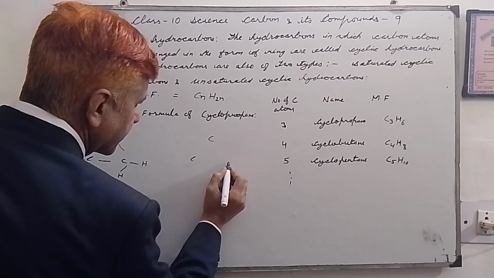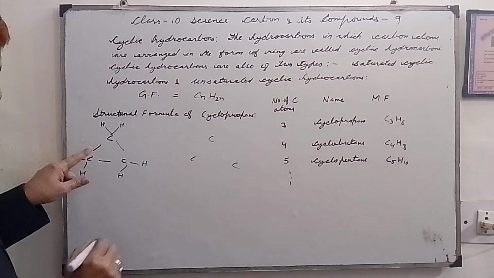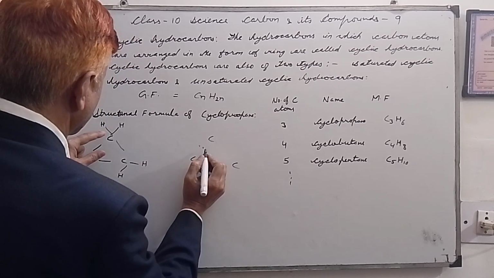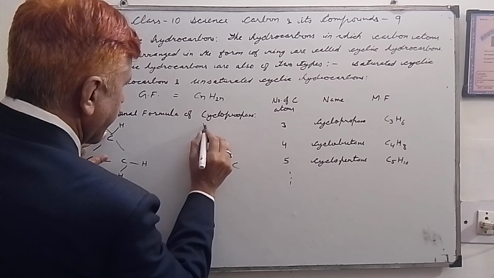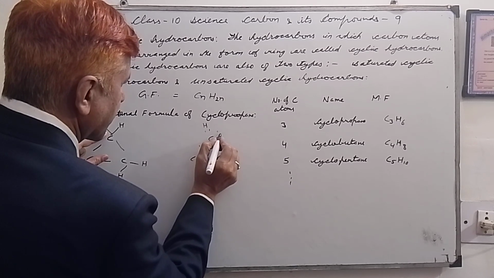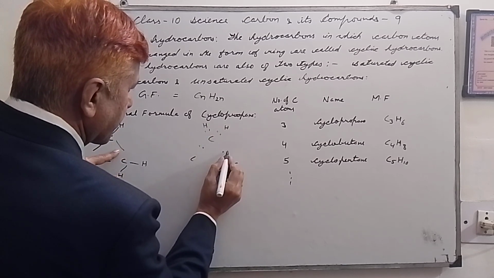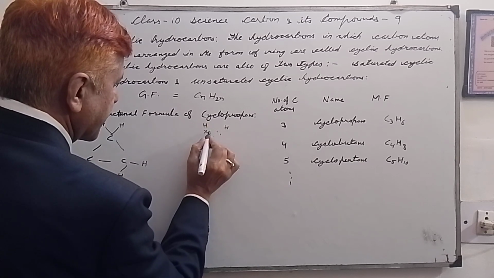Now the electron dot structure for this: carbon, carbon, carbon. One pair, hydrogen, one pair, hydrogen, one pair. I am indicating a pair by a cross.